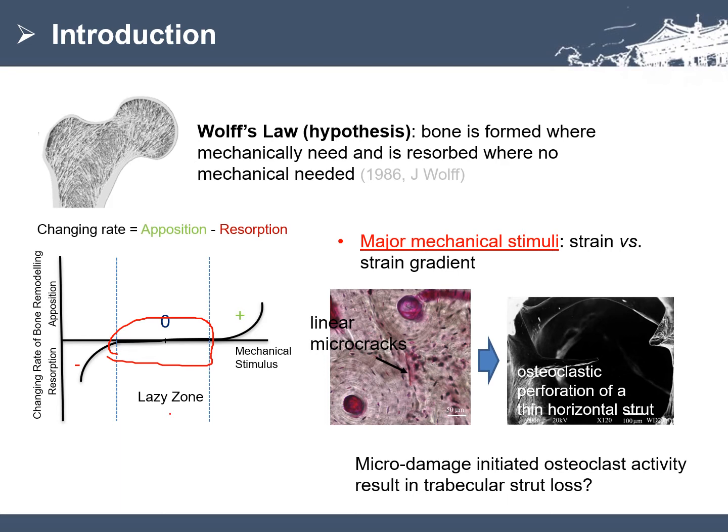It is believed this cell resorption activity is caused by the microcracks. So in this study, the micro damage effect was included in the algorithm to compare the effect of different mechanical stimuli on the prediction of trabecular bone microstructure change.